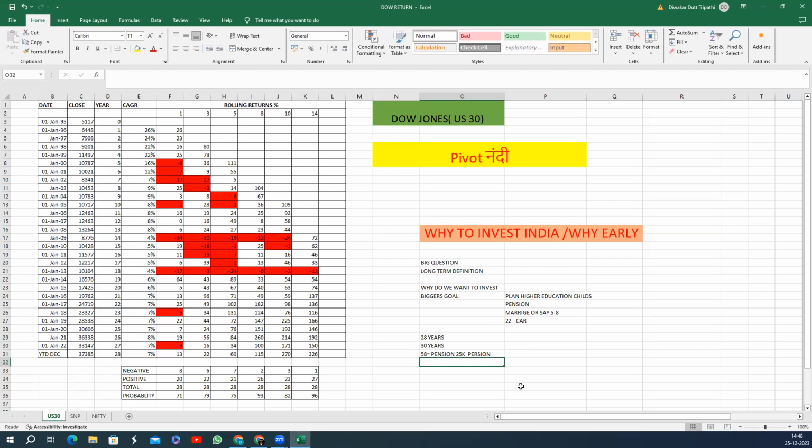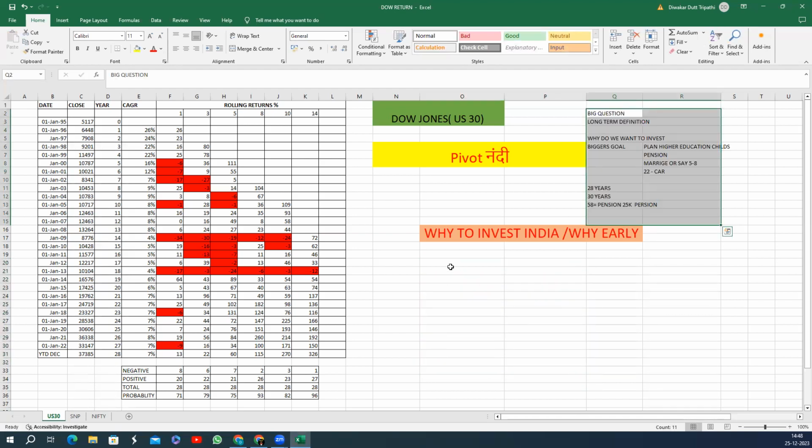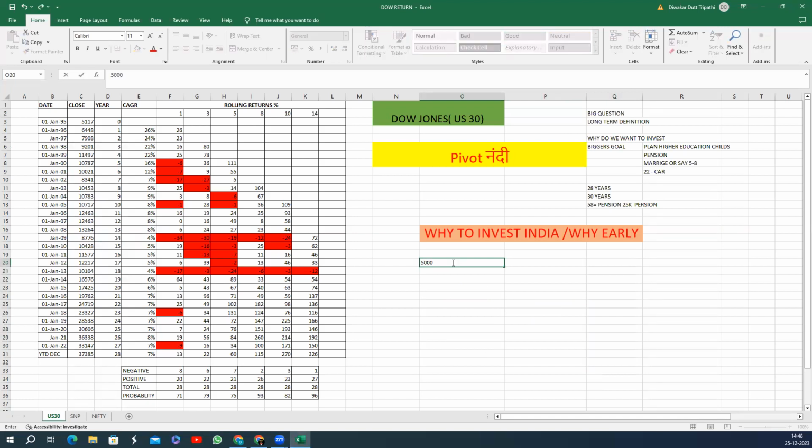So one case study I would also like to share. Suppose you are starting a 5,000 rupee investment per month, and for 10 years you are going to do this investment.